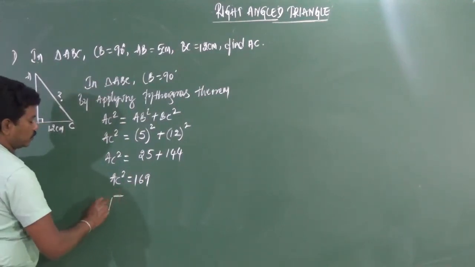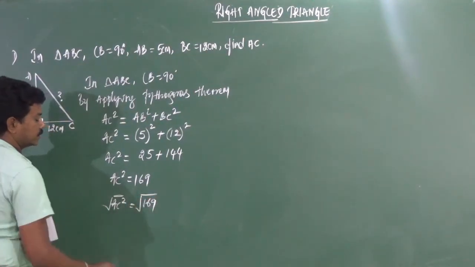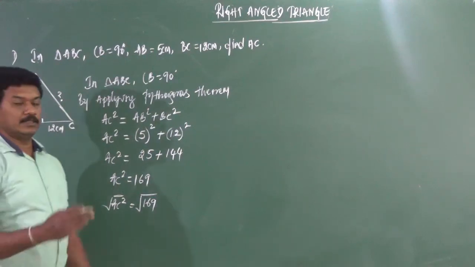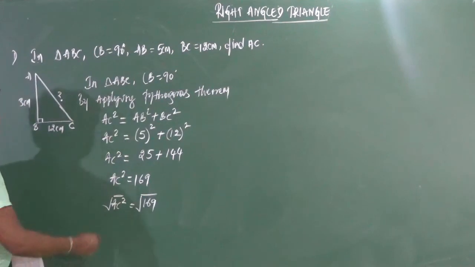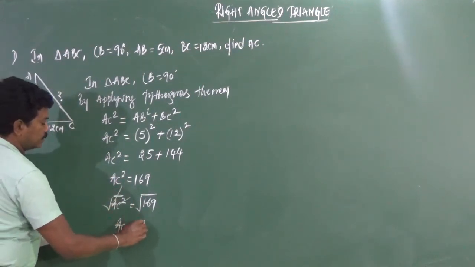So we will take square root on both sides: square root of AC square is square root of 169. We will take only the positive value for AC because AC is the length of a side, and length or distance is always positive. So AC is equal to 13 centimeters.